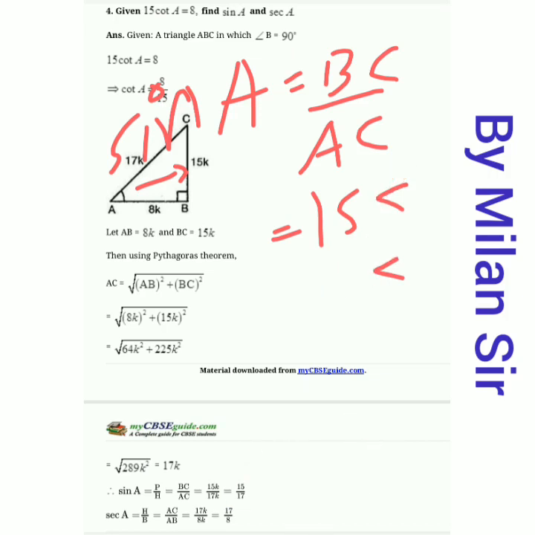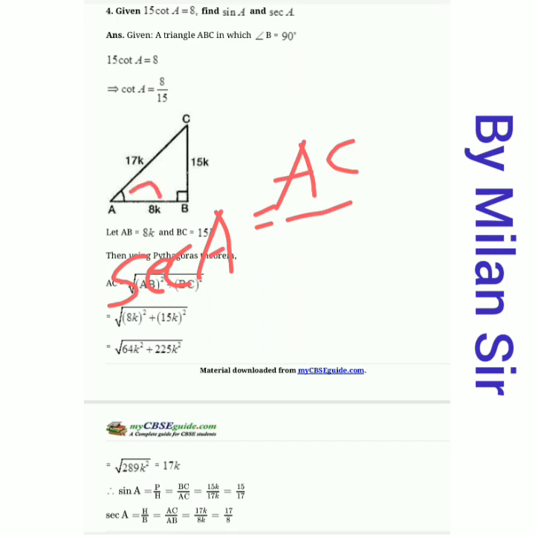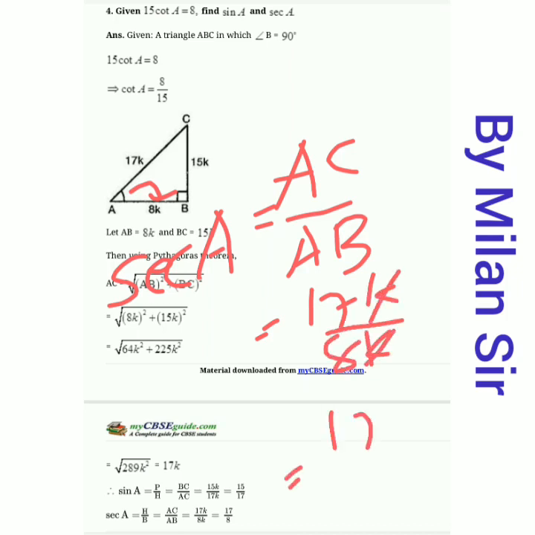Then second thing, sec A. Sec A is equals to formula of sec. It is a hypotenuse, that means AC upon adjacent with respect to A. It's a AB. So 17k upon 8k, k k cut. So finally you got 17 by 8, right?